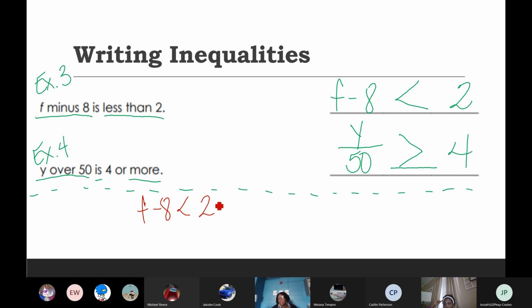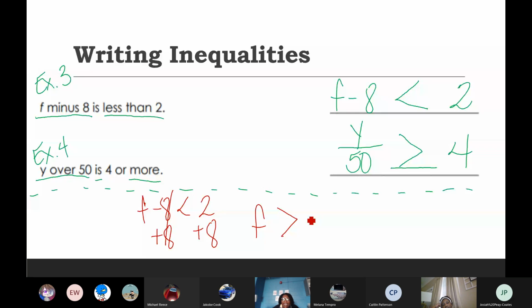Can someone tell me what's the first step here? Remember, what do I have to get by itself? My variable. So if 8 is being subtracted here, what's the opposite of subtraction? Addition. So if the 8 is being subtracted, 8 now has to be added. That cancels out these. Now my f is by itself.